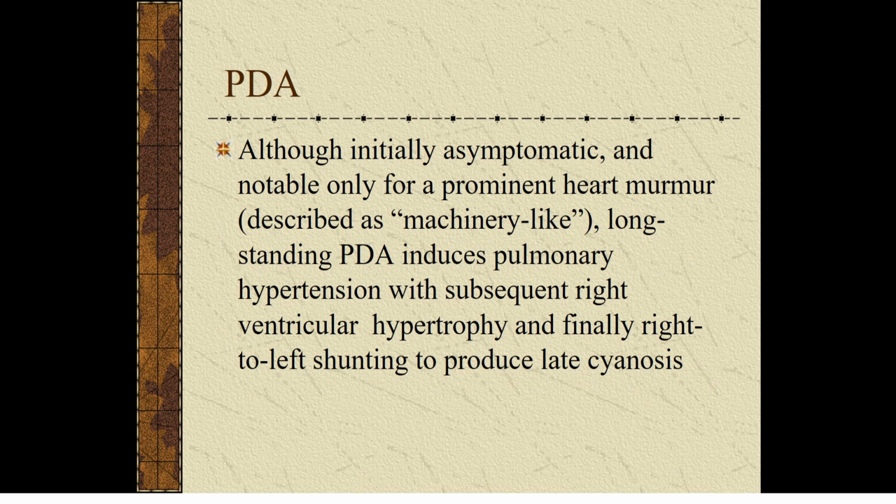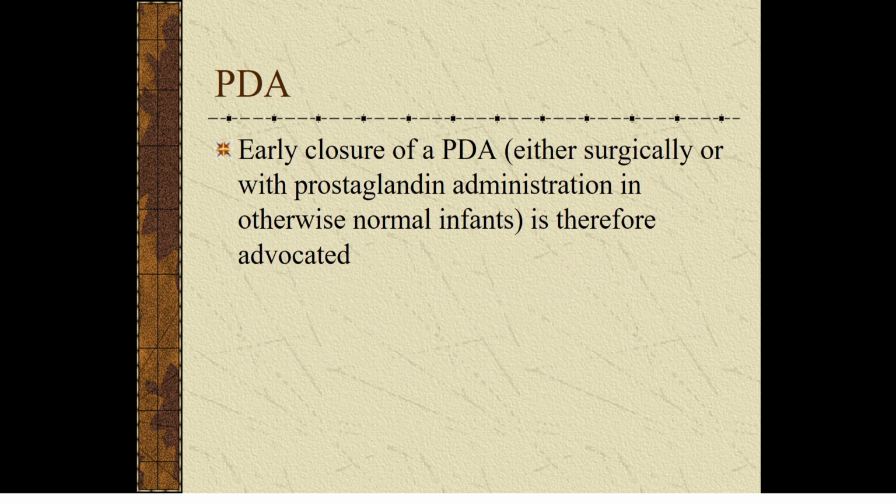Initially asymptomatic and notable only for a prominent heart murmur, described as machinery-like, long-standing patent ductus arteriosus induces pulmonary hypertension with subsequent right ventricular hypertrophy, and finally right-to-left shunting to produce late cyanosis. Early closure of a patent ductus arteriosus, either surgically or with prostaglandin inhibitor administration in otherwise normal infants, is therefore advocated.